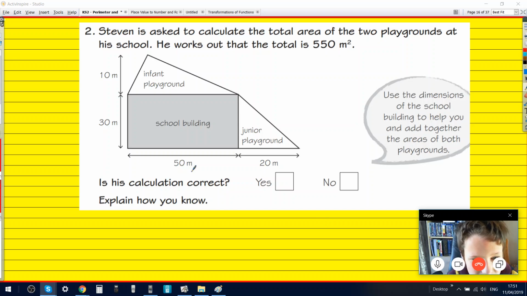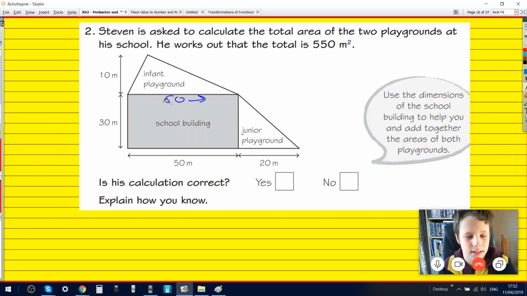Now, the infant playground lengthwise looks like the same size as the school building. So the infant playground must be 50 meters as well. And then there's the junior playground, which is only 20.